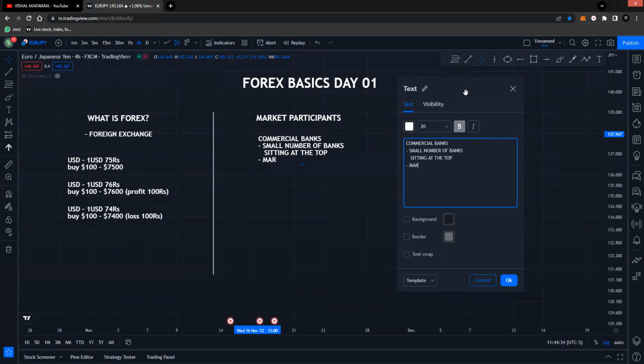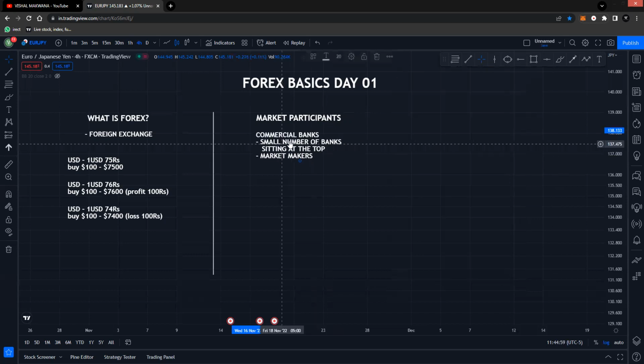We can also call them market makers. They have huge participation in this foreign exchange market. There are a small number of banks sitting at the top, controlling the whole world's money, and that's why we call them the market makers. These are the first participants.